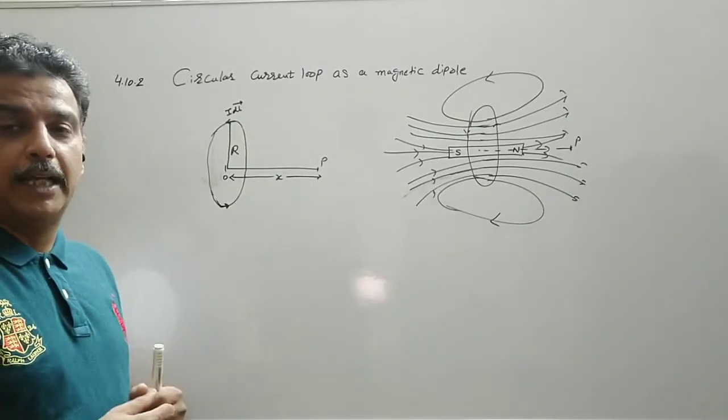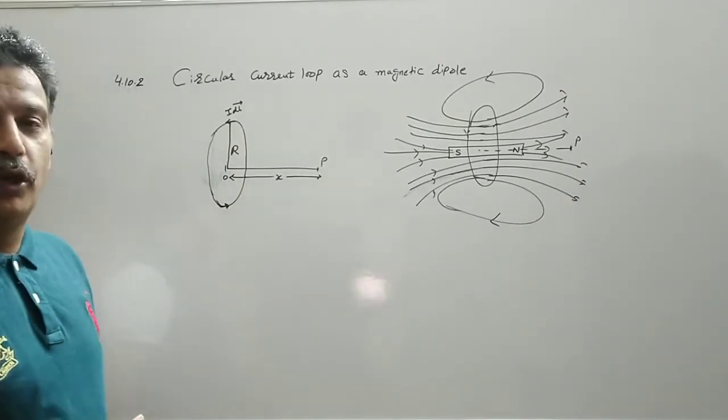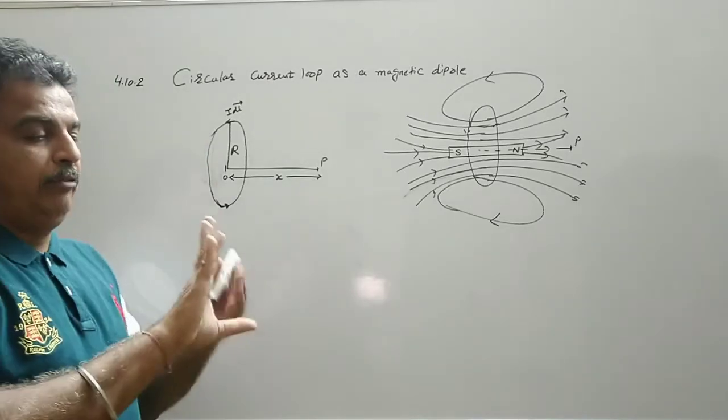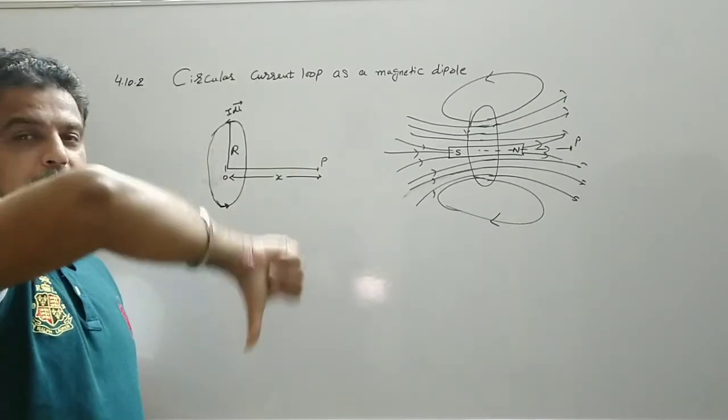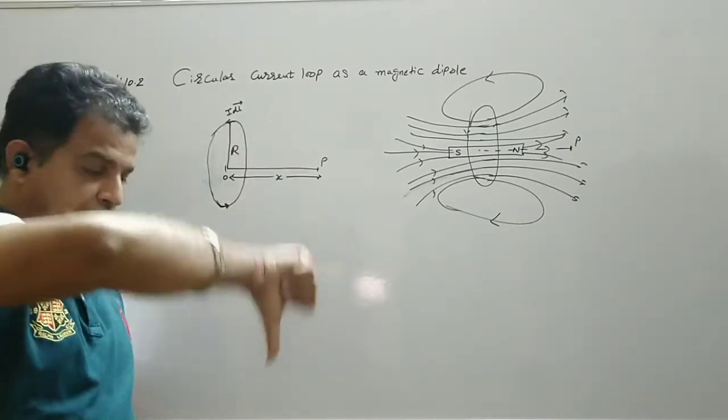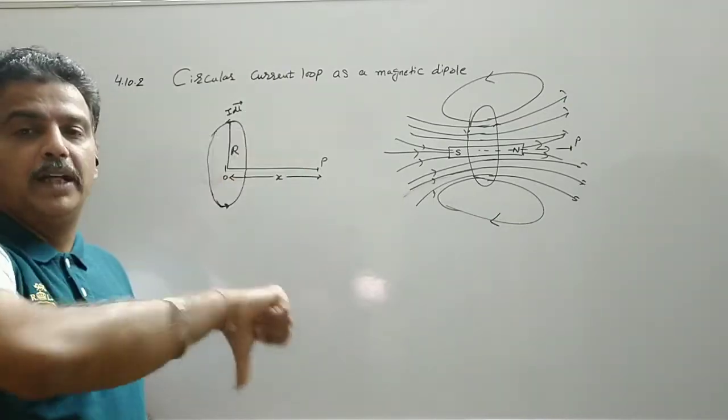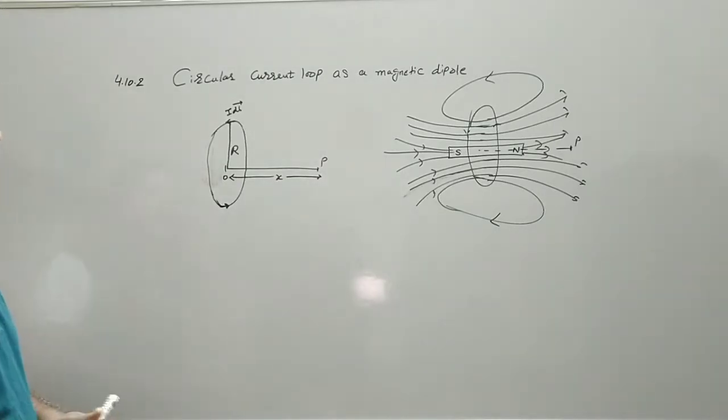In the rectangular loop, the current was flowing clockwise and we curled our hand in the clockwise direction to find that the magnetic moment was in the downward direction. Now let us come to this point.